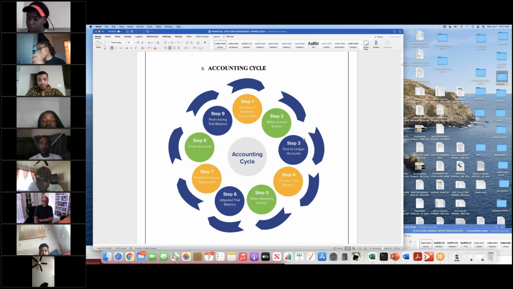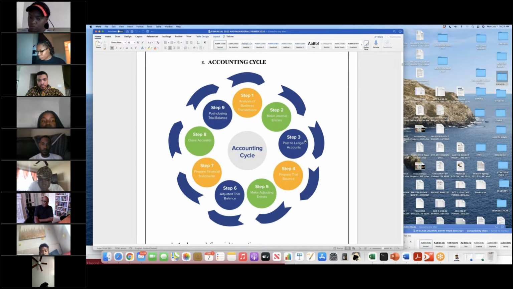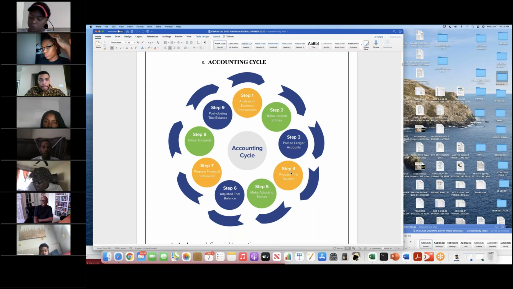And on Friday, we went on to what? Steps 3 and 4. What do steps 3 and 4 involve? Post to ledger and the trial balance. Posting to the ledger and preparing a trial balance. So you see right away, if you don't have steps 1 and 2 right, then there's no way steps 3 and 4 can be right.